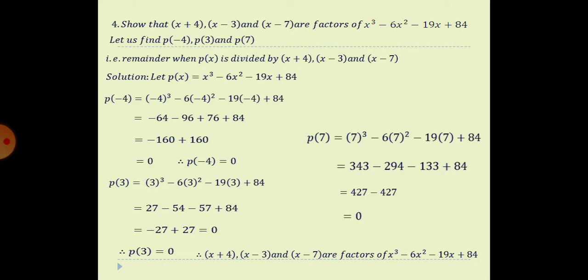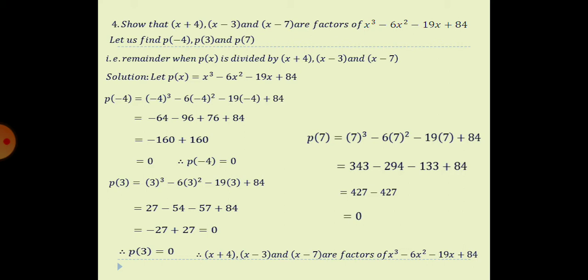And let us substitute the variable by 7, which is nothing but the zero of the third polynomial that we are dividing into the given polynomial p(x). P of 7 is equal to 7 cube minus 6 of 7 square minus 19 into 7 plus 84. 7 cube is 343, and the second term, 49 into 6, is 294, and 19 into 7 is 133, plus 84.